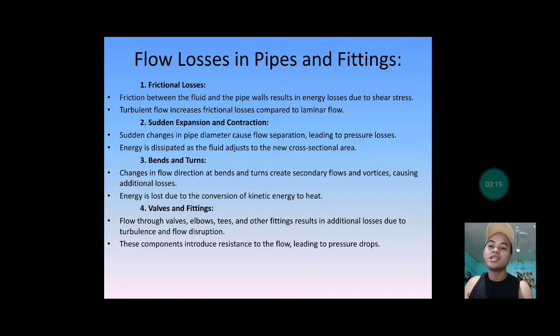Since valves and fittings, we cannot really remove valves so that there will be no losses, because valves are very useful in a system. So we cannot remove them, but we can lessen the flow losses or the pressure drops during the flow of the liquid.